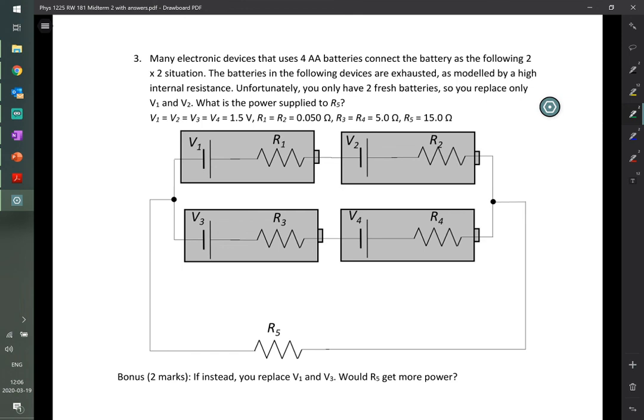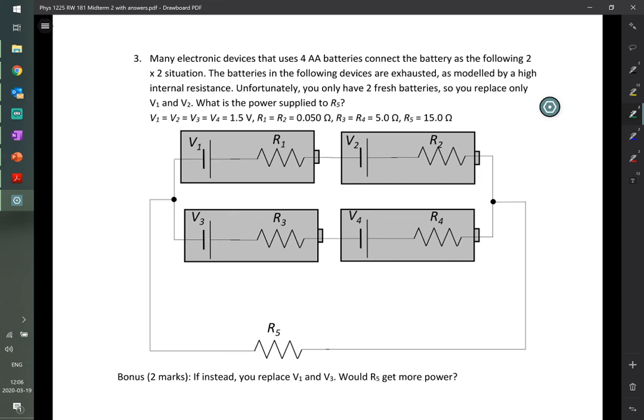So William was asking about number 3. This being a problem with multiple sources and multiple paths and resistances and whatnot, we're basically using Kirchhoff's rules.